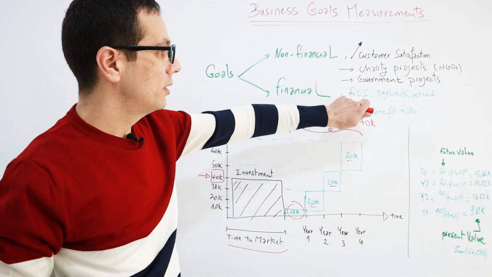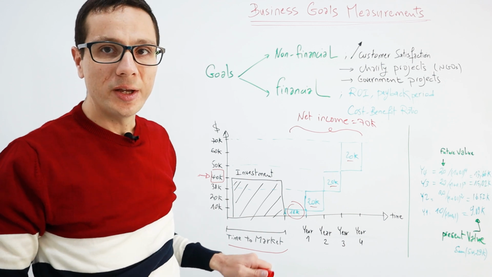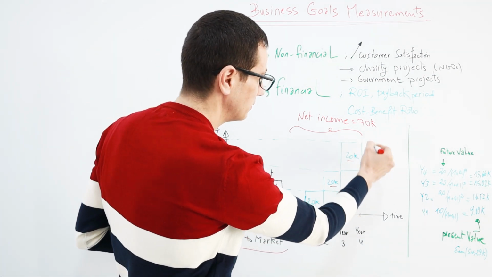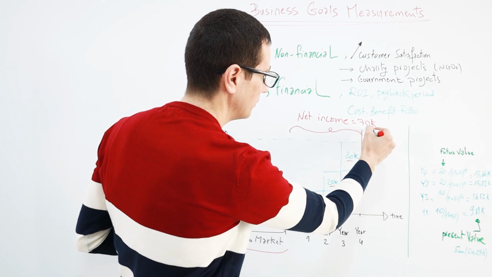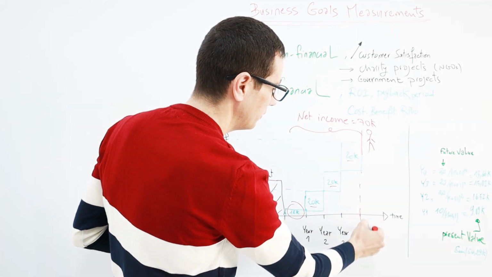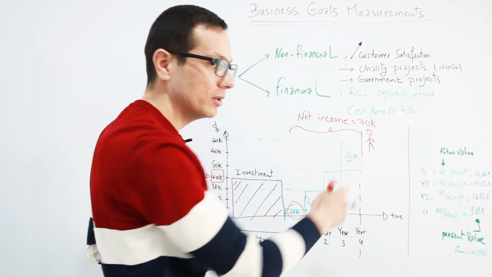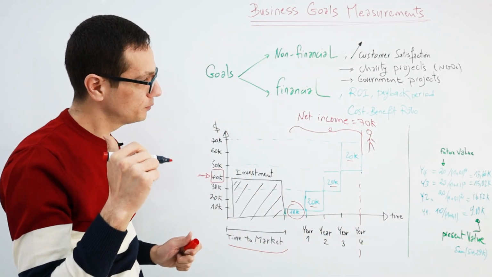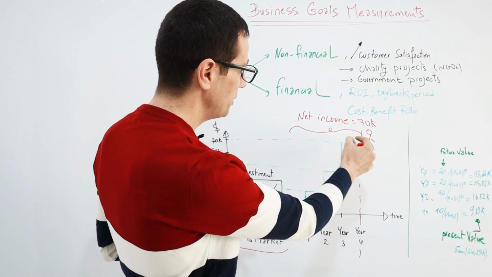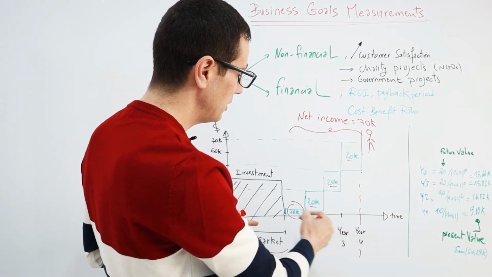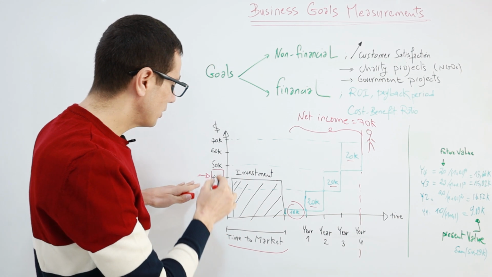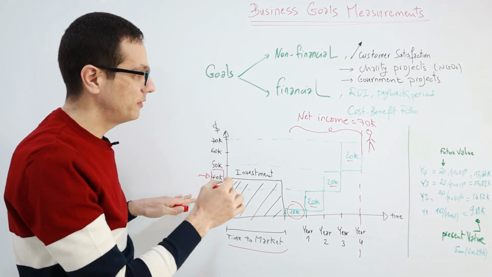The return on investment is when you are sitting here at the end of year 4 and you look back and you say that I have generated 70K as a net income or net revenue out of 40K as an investment.